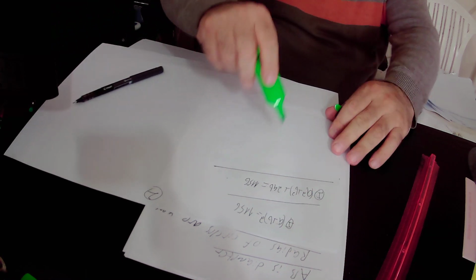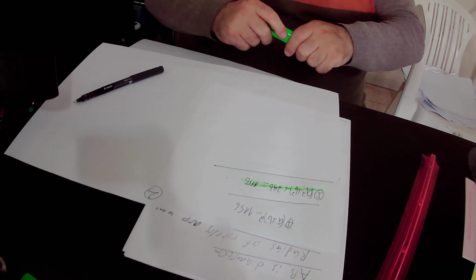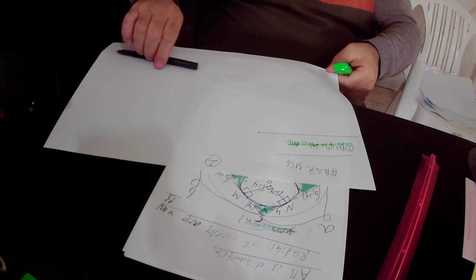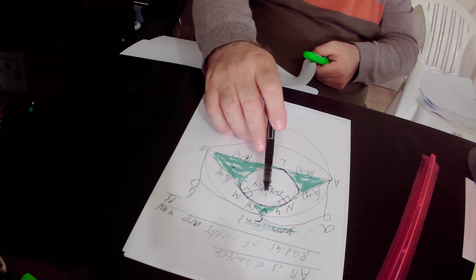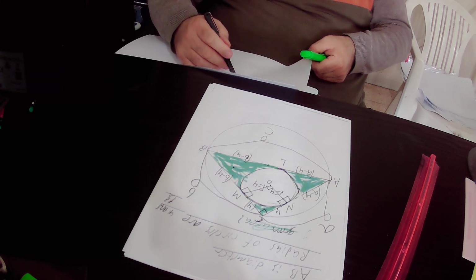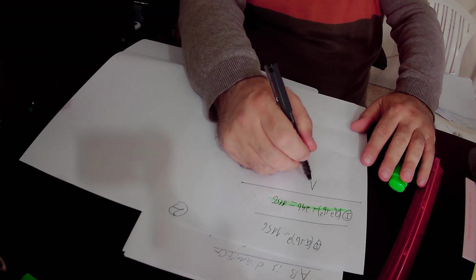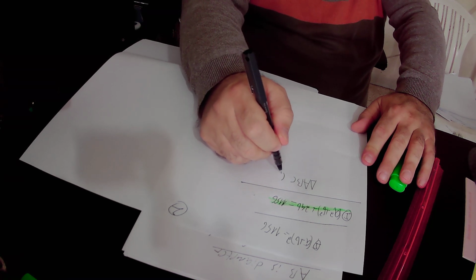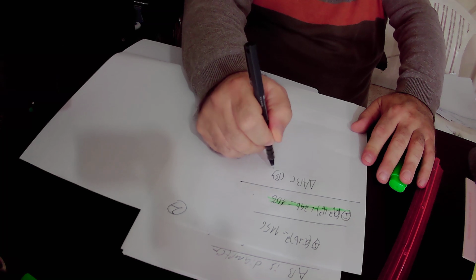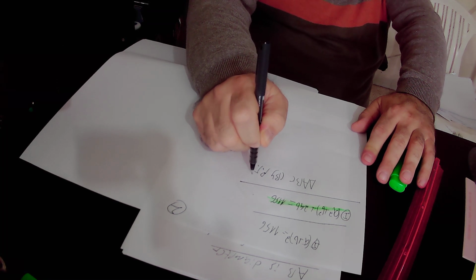In the next step we will focus on the right triangle, triangle ABC. Triangle ABC is the right triangle because of the fact that angle ACB equals 90 degrees. In the right triangle, triangle ABC, by the Pythagoras theorem, the square of the hypotenuse equals the sum of the squares of the perpendiculars.